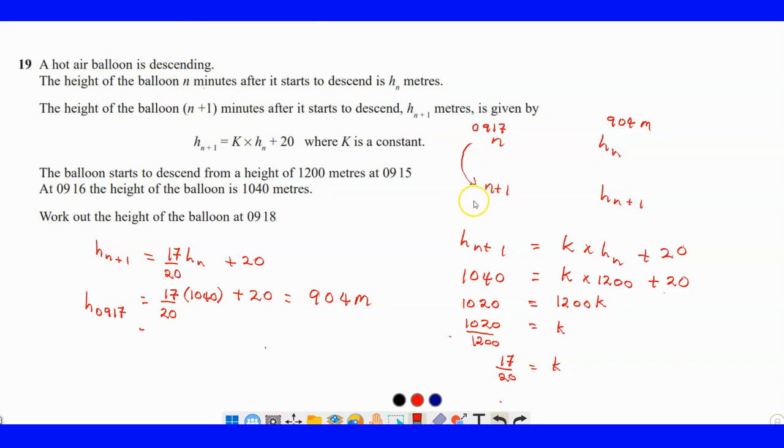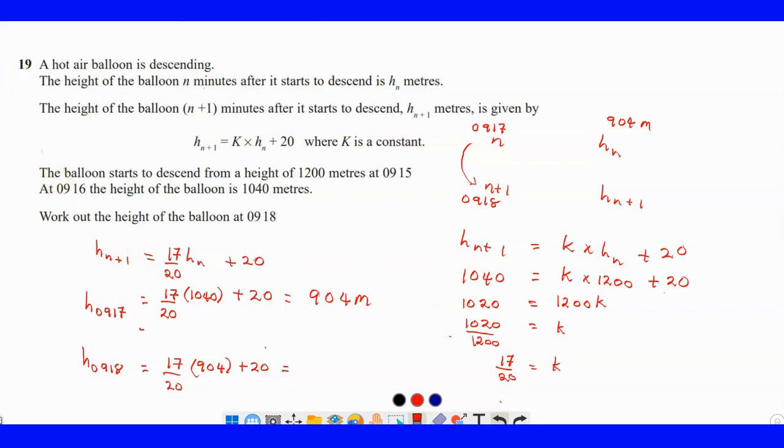So at 9:18, we can work out the height. The height at 9:18 would be 17/20 times 904 meters plus 20.